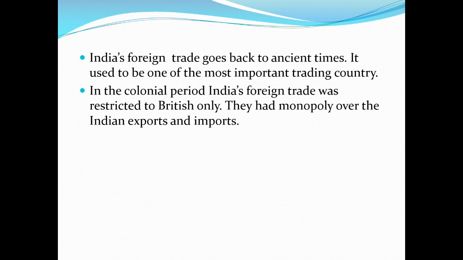In the colonial period, India's foreign trade was restricted to Britain only. So now you understand how the government imposed that Indian foreign trade be supplied only to Britain and not to any other country. Again, they had a monopoly over Indian exports and imports.